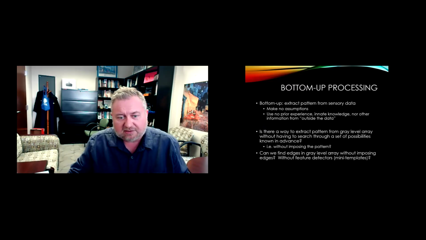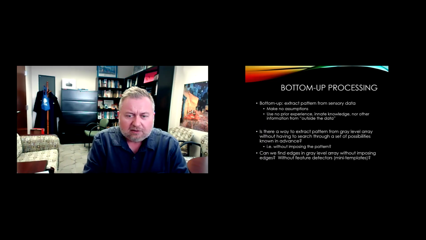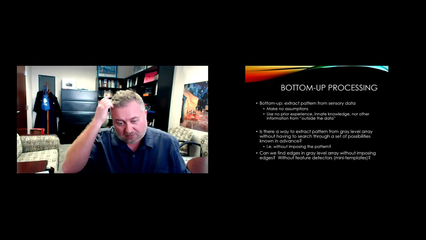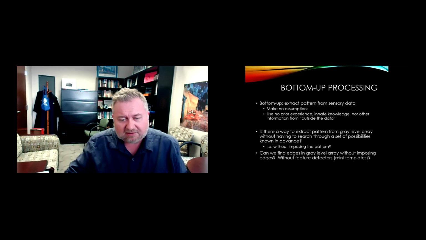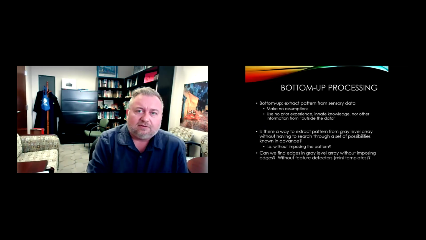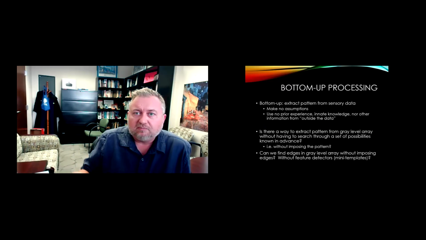So back to the previous slide here. We want to extract a pattern from the gray level array, but without having to search through a set of possibilities known in advance. So what am I trying to suggest here? Well, let's say, for example, that I have already stored in some sort of long-term memory system a bunch of different gray level arrays of the type that I just had on the screen.